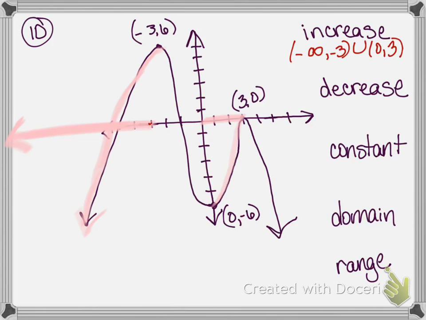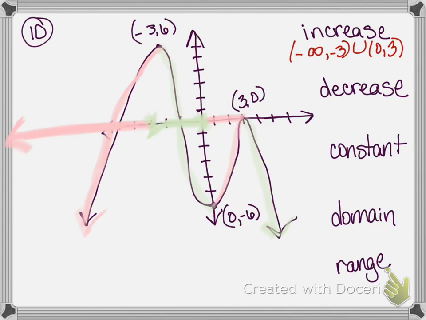For decreasing, we're going to look at that with green. So my decreasing, I've got it right here. Here I'm decreasing, and here I'm decreasing. Okay, but I'm looking at the x values. So my x values start right here at -3 and I go to 0.